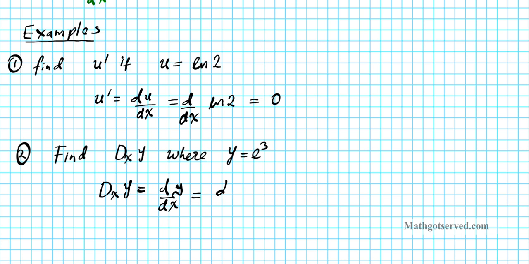Since y is e to the third, we're looking for the derivative with respect to x of e to the third. E to the third is a constant. Since this is a constant, we're just going to use the constant rule here, and your final answer is going to be 0.